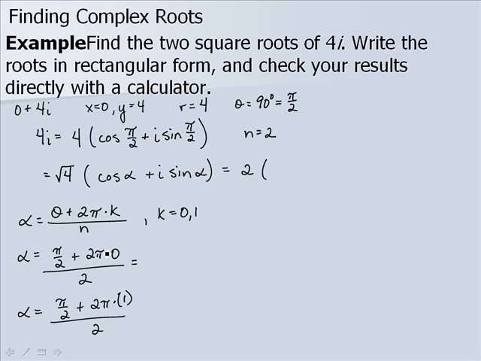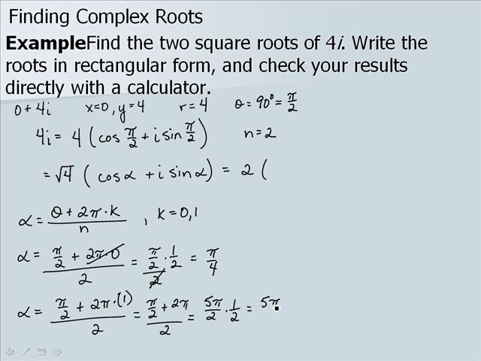So when we work these out, 2 pi times 0 goes away. We have pi over 2 divided by 2, which means we're multiplying by 1/2. So we'll get pi over 4. And here we'll have pi over 2 plus 2 pi divided by 2, which will be 5 pi over 2 times 1/2, or 5 pi over 4.